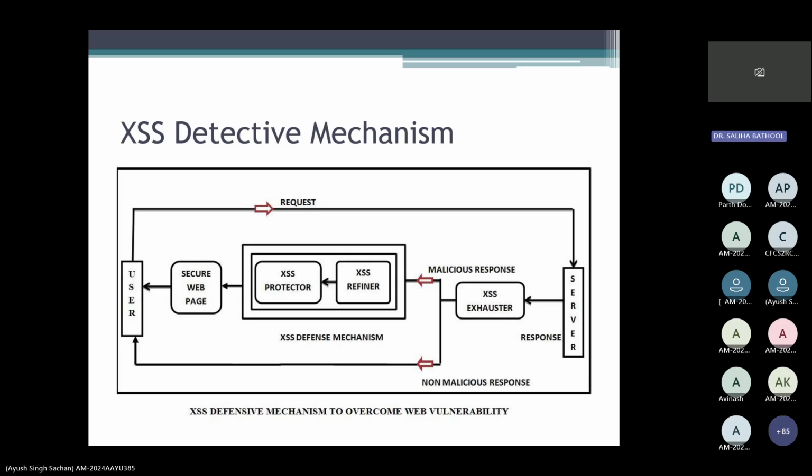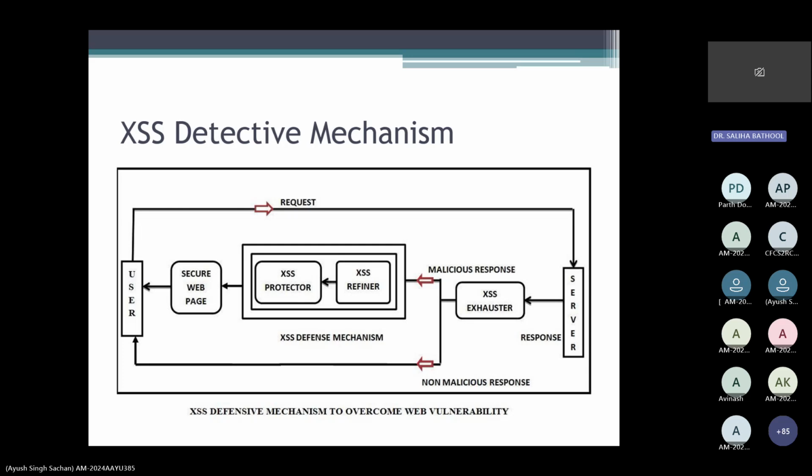Here is the mechanism which I created. I have given this in my paper on XSS detection and how this detection helps. If you have seen this architecture, I have given the security measures from server to user.